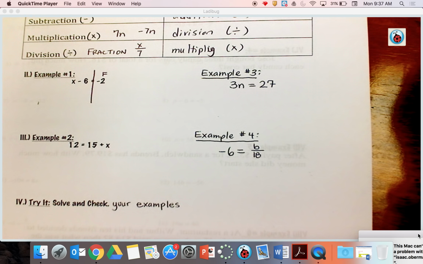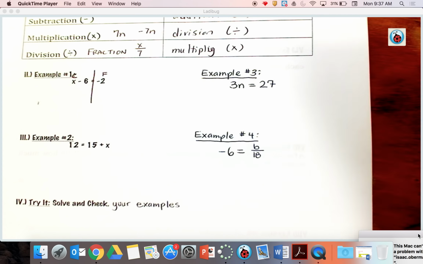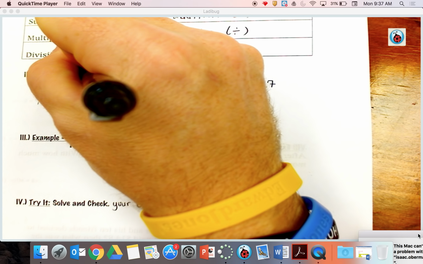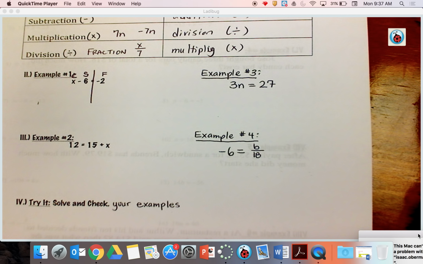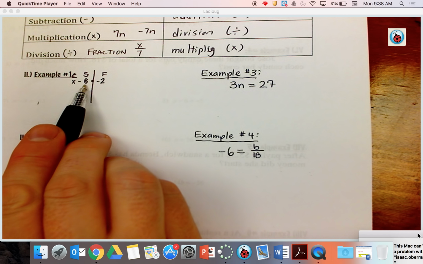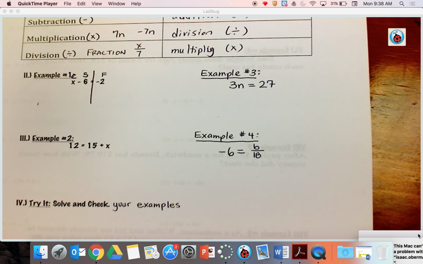The variable is always called the change, and that's what I'm solving for. The number is what we call the start. So my change is the variable, the start value is the number, and the finish is what it equals right now.